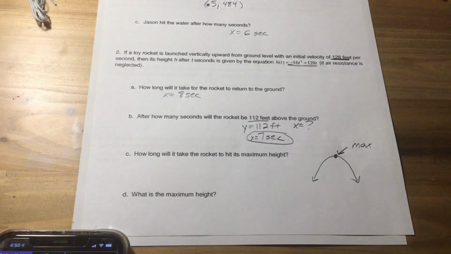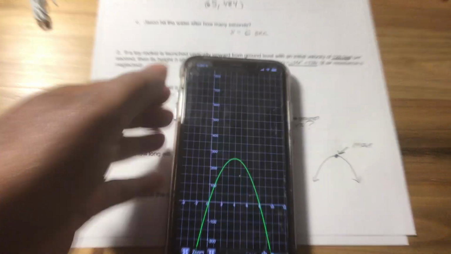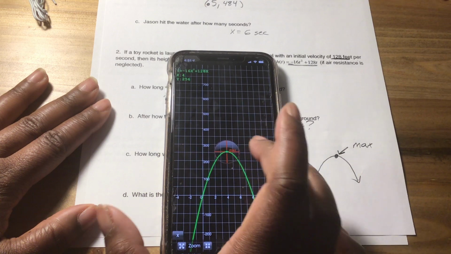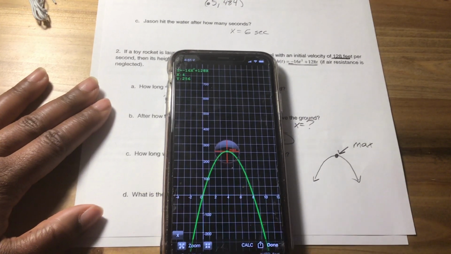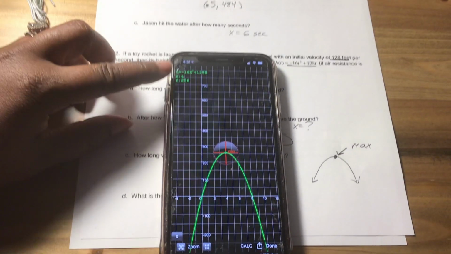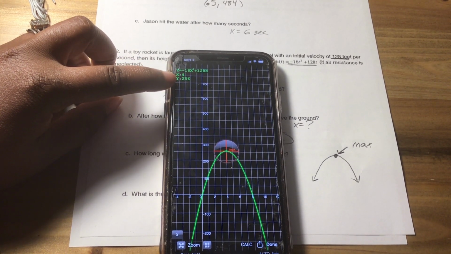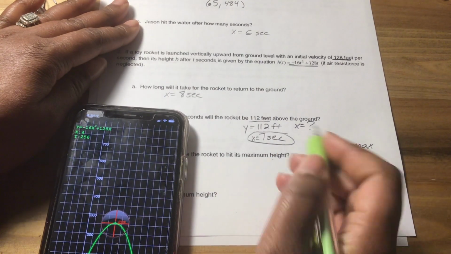So we go back to our graph, and the value that we're looking for is here. And that says max. You know it's max because it's going to say max. So your maximum value here is going to be 256.